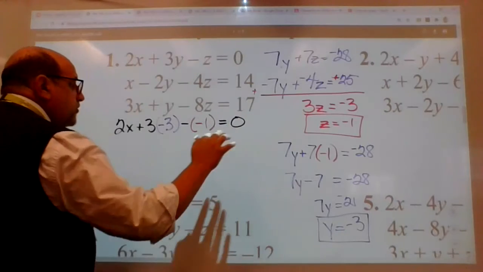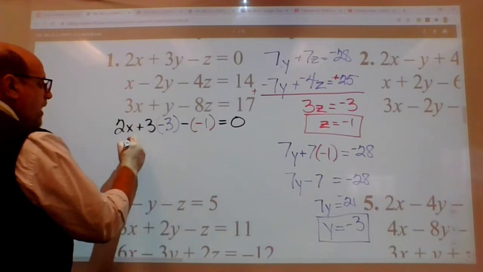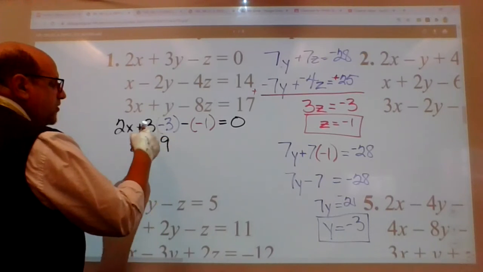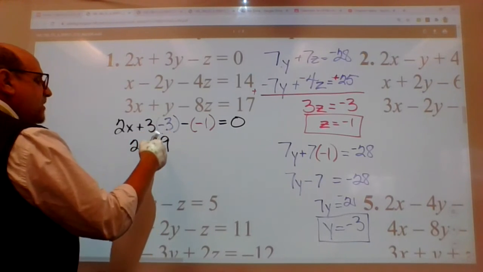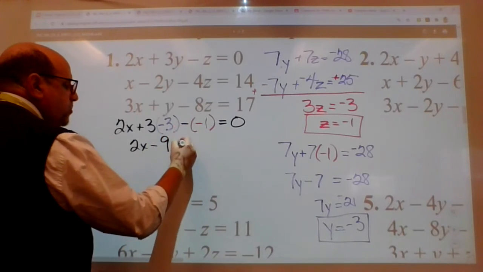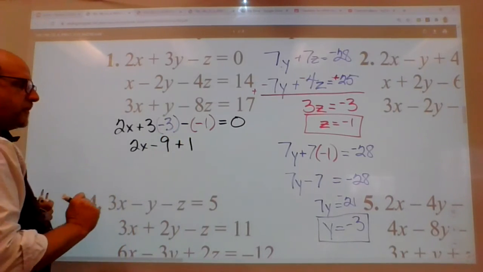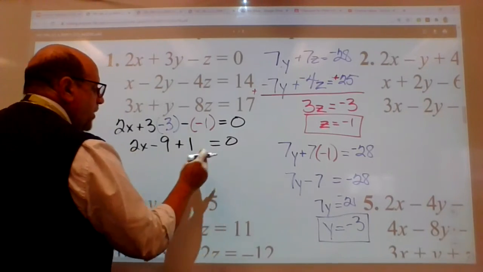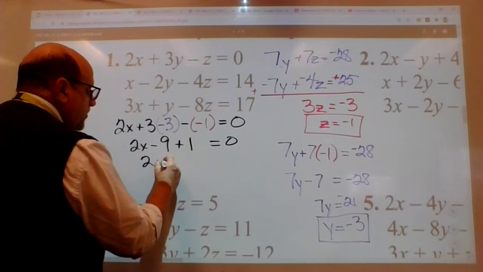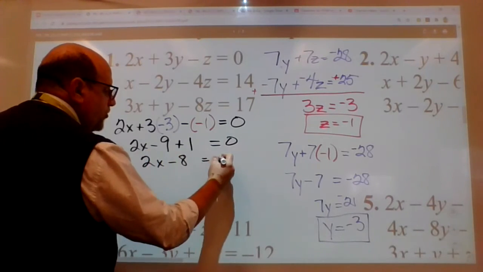I can do this math. So I have 2x minus 9, because 3 times negative 3 is negative 9. And then minus a negative is plus a positive, right? Equals 0. We put these together, we get negative 8, right? 2x minus 8 equals 0.